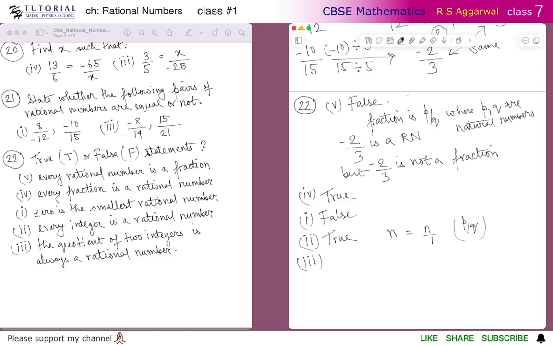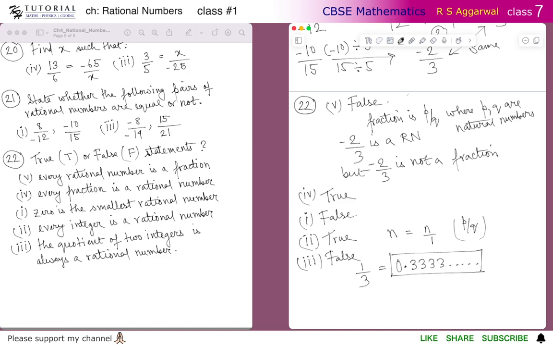It is actually false, because if you divide the integer 1 by 3, this is actually 0.3333, and it is endless. There are endless number of 3's after 0. Now this cannot be converted to a rational number in the form p by q. So the quotient of two integers is not always a rational number.